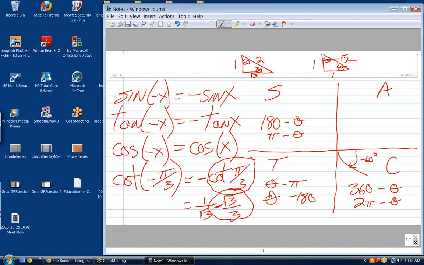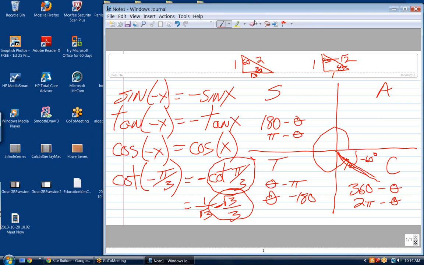I think it's much easier dealing with negative angles this way rather than trying to do them as a fourth quadrant angle. Notice that if I try to solve this as minus 60 degrees, that's the same as plus 300. But then to figure out plus 300, I subtract 360 minus 300, so I get back to 60 degrees in the first quadrant, and then I assign the negative sign because it's in the fourth.